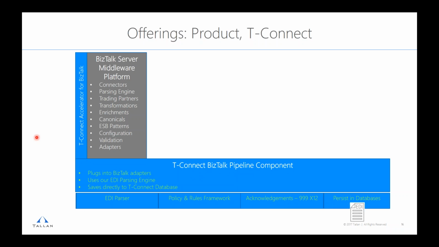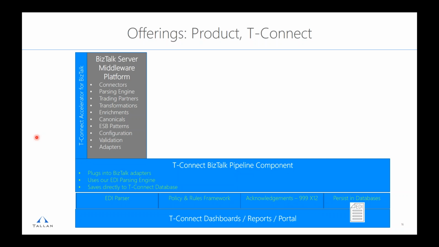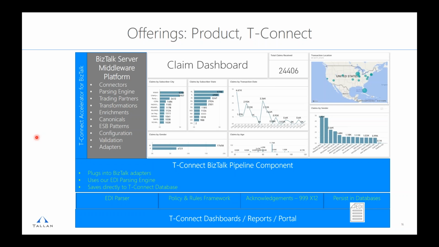Once that EDI comes through, you can use some of the other things we have: dashboards, reports, and a portal. That brings me to my other challenge with EDI, which is visibility and lack of transparency.